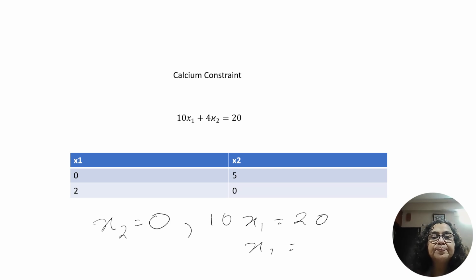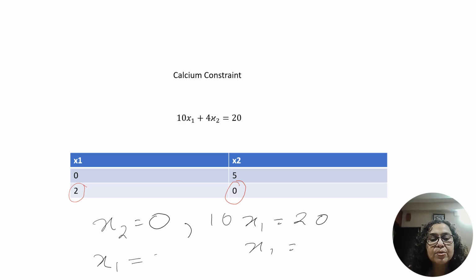So you can see here that when x2 is 0, x1 is equal to 2. Now let's do the same thing with x1 equal to 0.